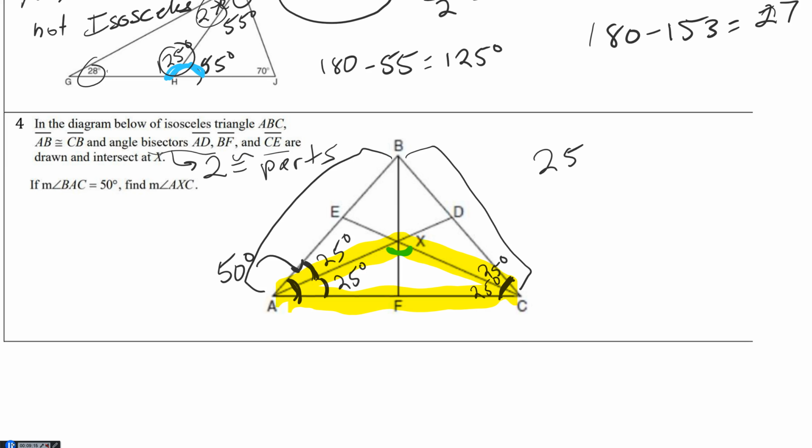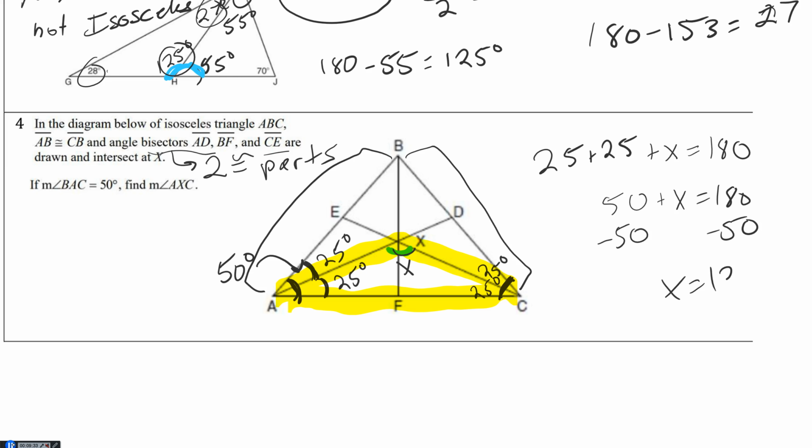Two of the angles are 25 and 25, and that green angle right there, which is what we're looking for, we could just label as X. When you add up three angles of a triangle, they need to sum to 180 degrees. So when you solve that equation for X, you find that your angle is 130 degrees.